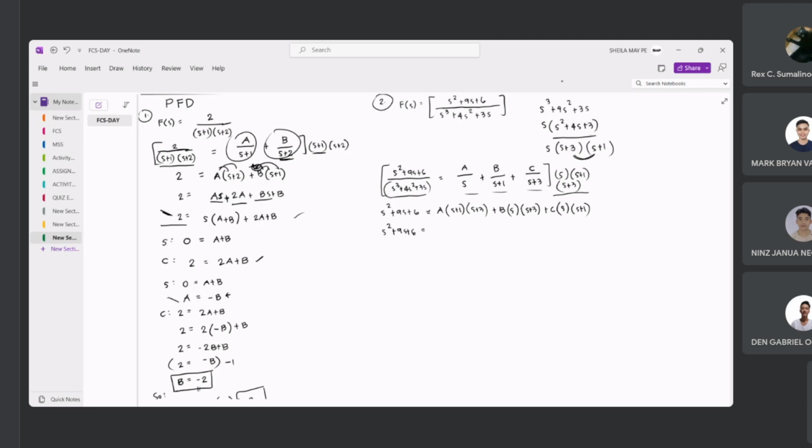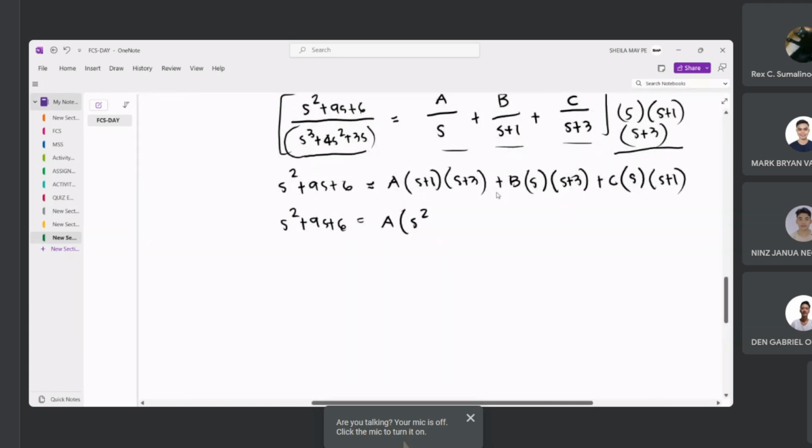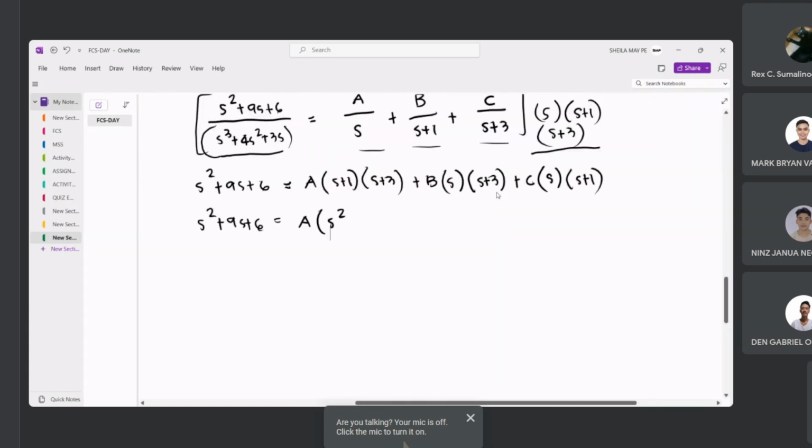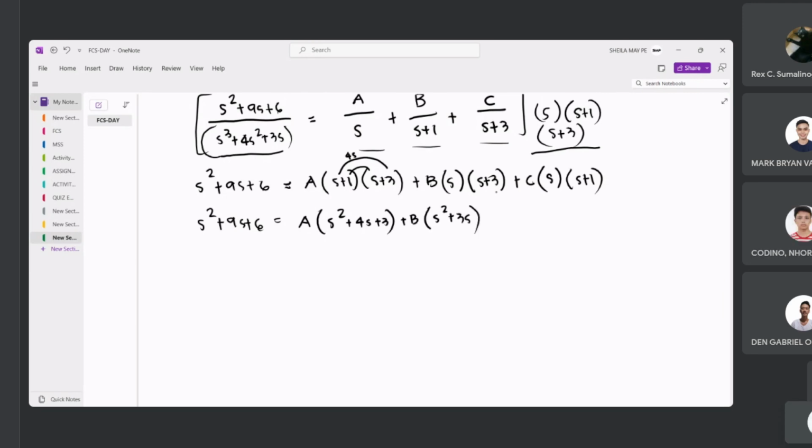Okay. So we have here s squared. This one is s and this is 3s. So basically this is 4s. So plus 4s, okay? Ni gamay. So this is 4s plus 3, okay? Plus B, that's s squared plus 3s, okay?